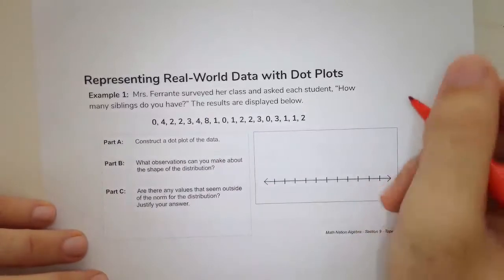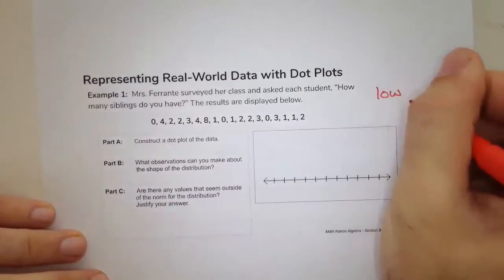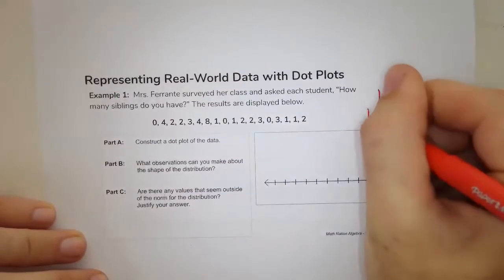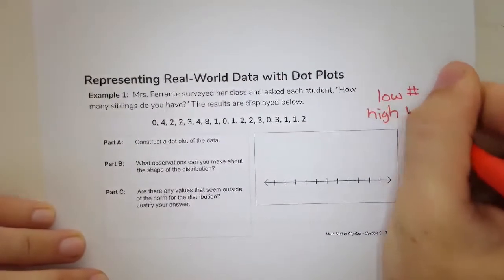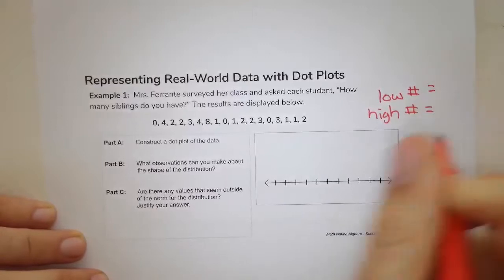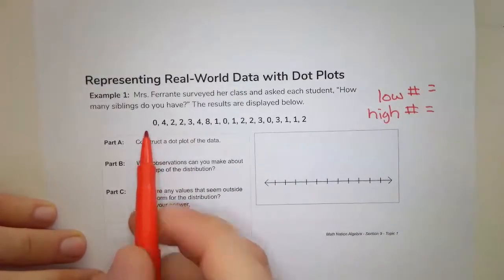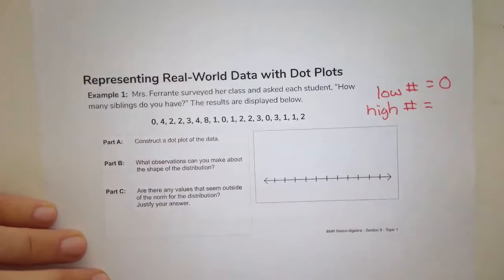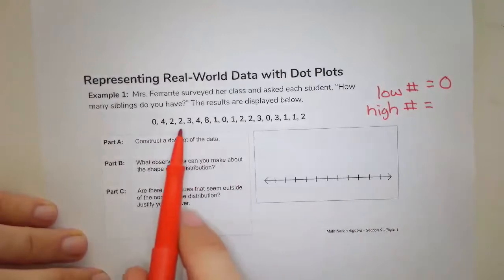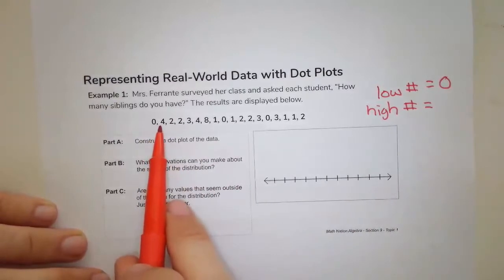What I would suggest is to look for the low number and the high number. And let's look. So here we have the 0. It's definitely going to be our low, right? Because 0 is obviously the lowest number of siblings you can have. And then if we look at the highest, we have a 4 here.